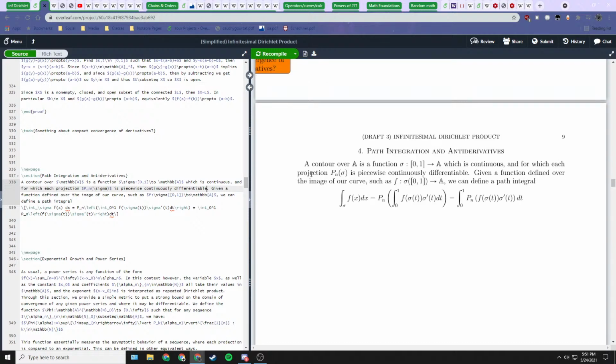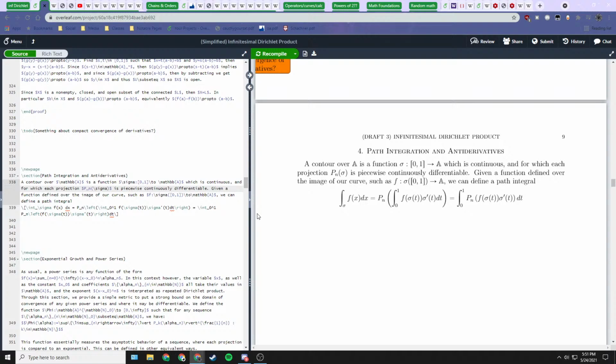This is a lot weaker of a condition than having sigma itself being piecewise continuously differentiable. Technically, sigma may not be differentiable anywhere. It's unclear. I actually don't know. Let me think.